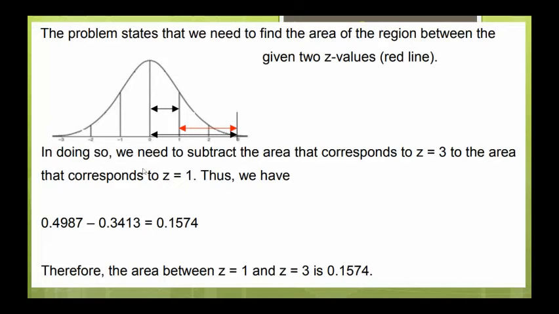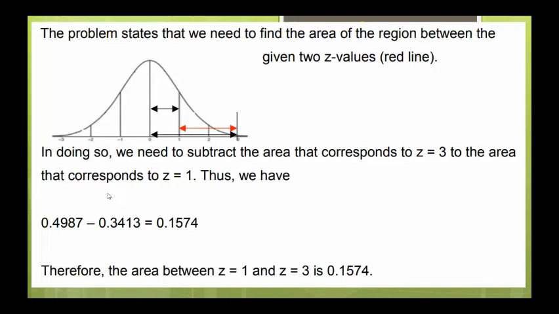So, in doing so, we need to subtract the area that corresponds to z is equal to 3 to the area that corresponds to z is equal to 1. So, yung value natin ng z is equal to 3 is 0.4987. Ito po lahat from 0 to 3. The value is 0.4987 using the z table.